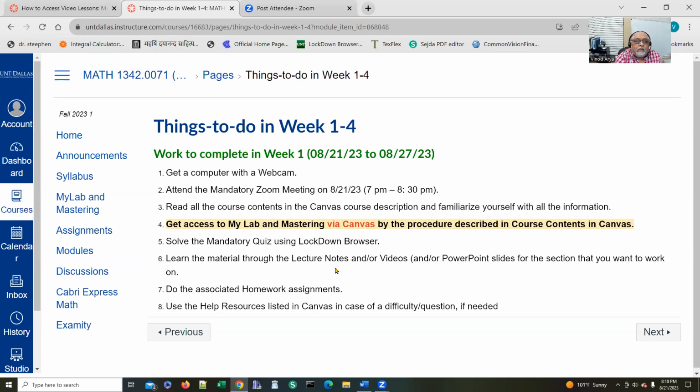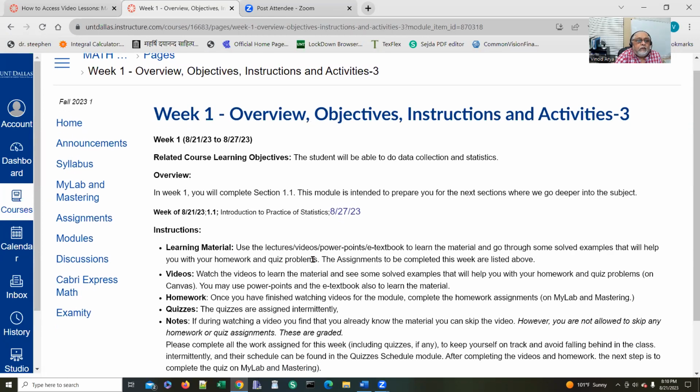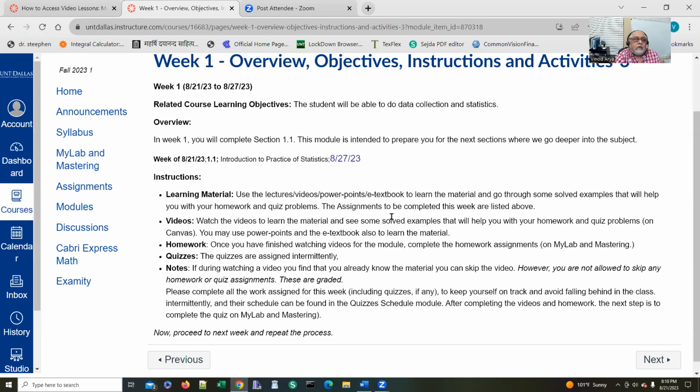Learn the material through the lecture notes and/or videos and/or PowerPoint slides for the section that you want to work on, do the associated homework assignments, and use the help resources listed in Canvas in case of difficulty or questions if needed. So this is just an overview.